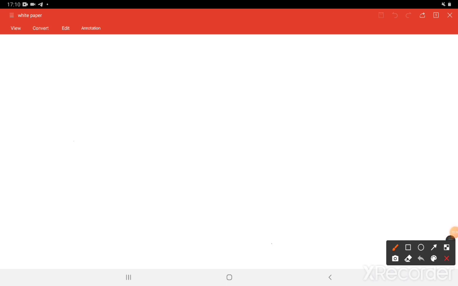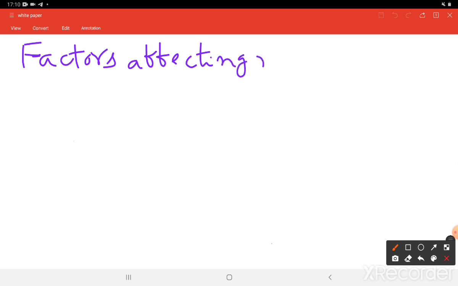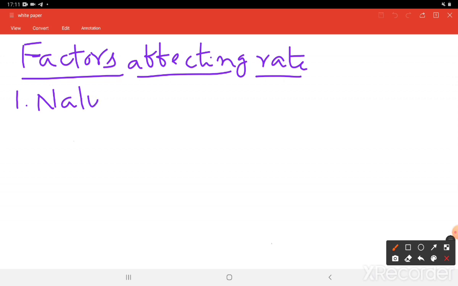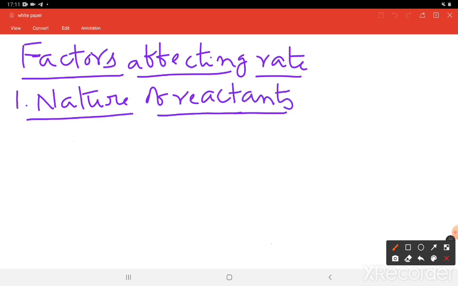Now let us see what are the factors affecting rate of reaction. The first factor, nature of reactants. There are mainly 2 types of reactants: ionic reactants, covalent reactants.